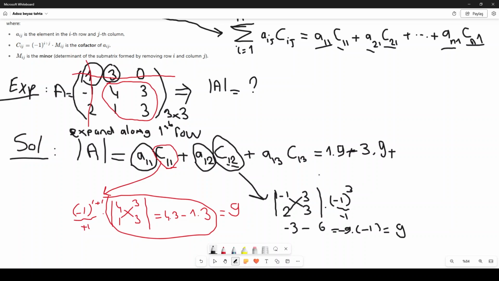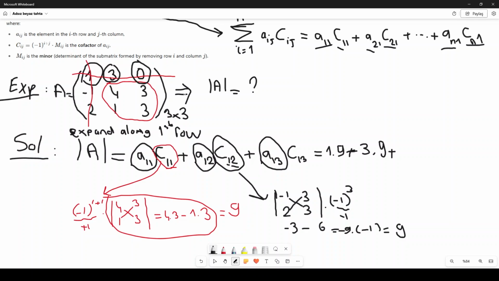Plus, now the last term, A13. The good news here, if you notice, guys, what is the value of A13? Well, it is 0, right? Actually, that's why I chose this row, because it includes at least one 0. And as you remember, more 0 values mean easier computation. If I had a row which has many more zeros, then I would have chosen that row or that column, because it would decrease my computational cost.